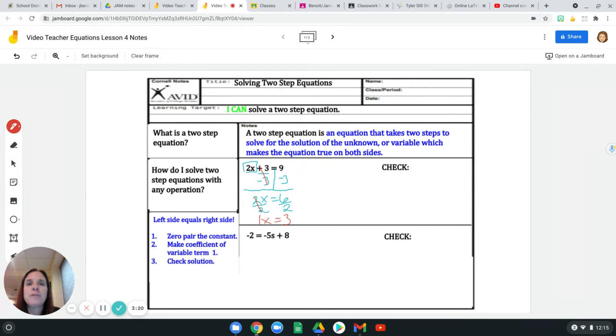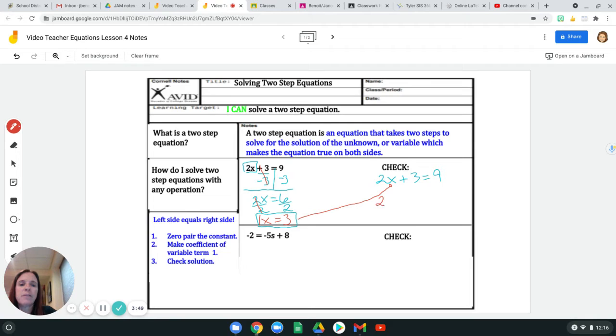We're going to do our substitution or check to make sure that the solution works and makes the equation true. So under the check, I'm going to rewrite my equation first just with the variable so I know where to do my substitution. For the variable, I got x equals 3. So I'm going to take that 3 and substitute it where x is.